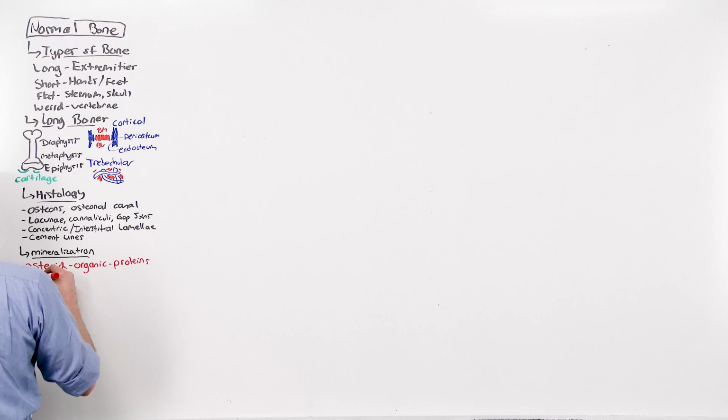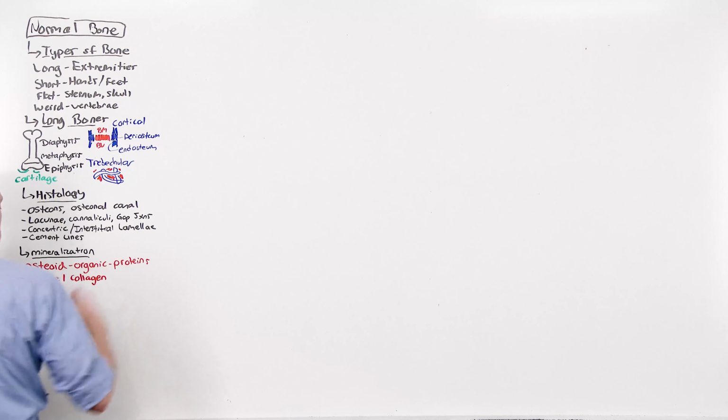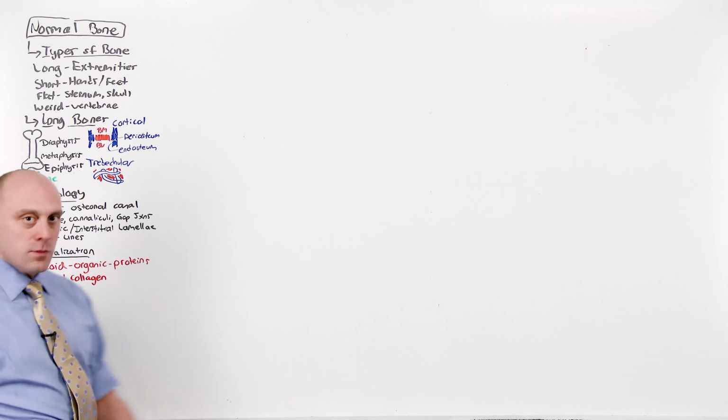It has to do with the arrangement of the type 1 collagen, the primary protein of osteoid. Each subsequent lamella orients their type 1 collagen fibers in alternating directions to give tensile strength.